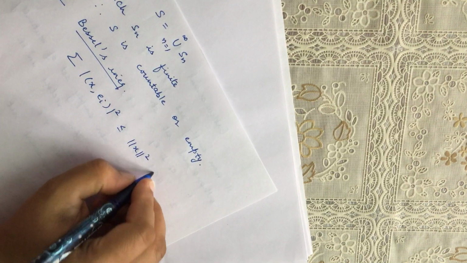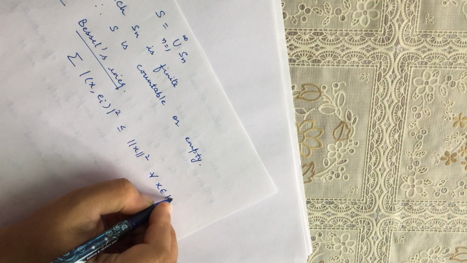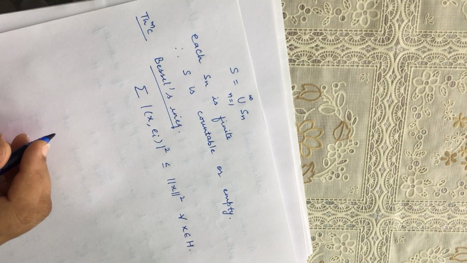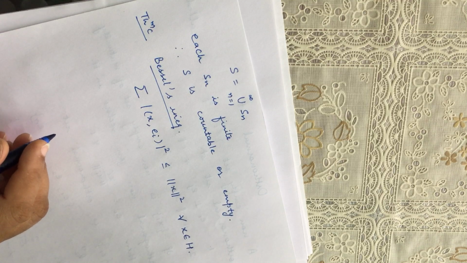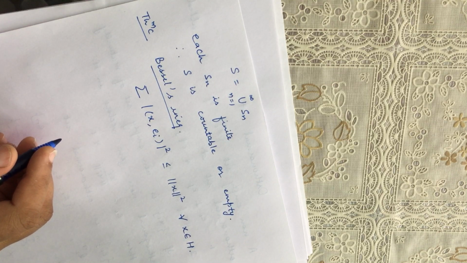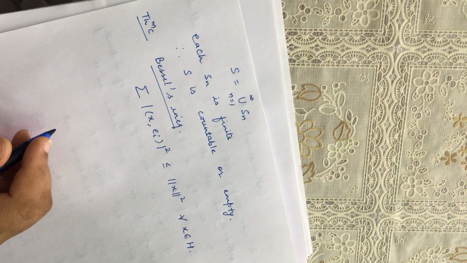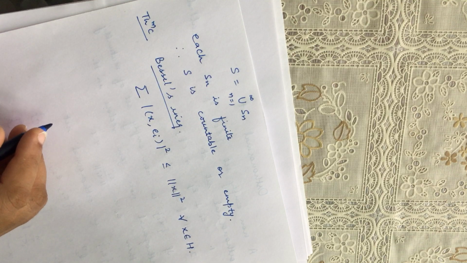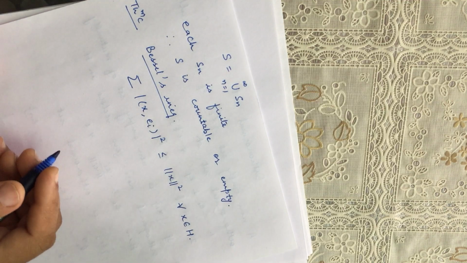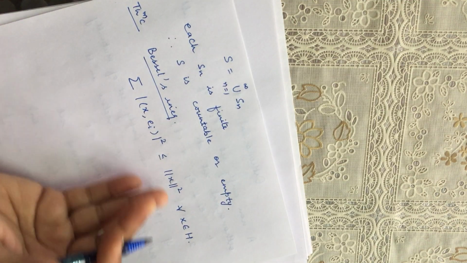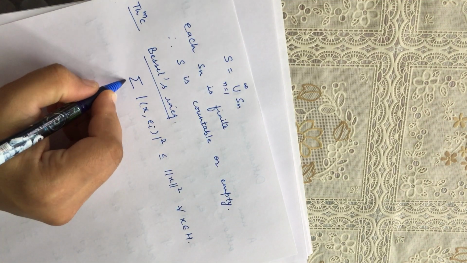Again we can say that the sum of squares of all the components of a vector x in infinitely many or in an arbitrary number of perpendicular directions is always less than or equal to the square of the norm of the vector itself. We have proved this already for the finite case.